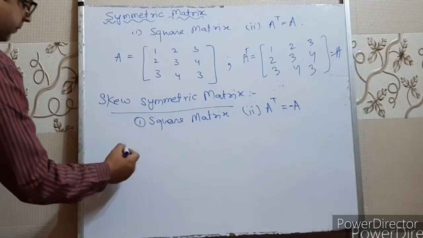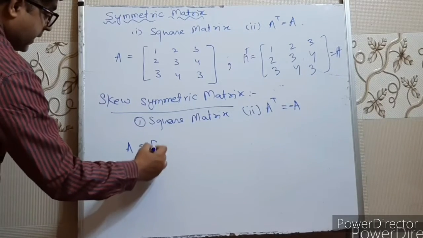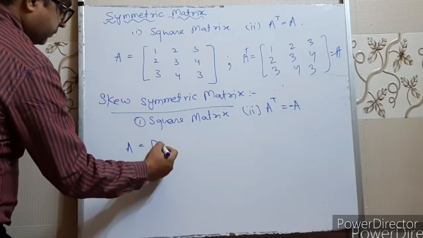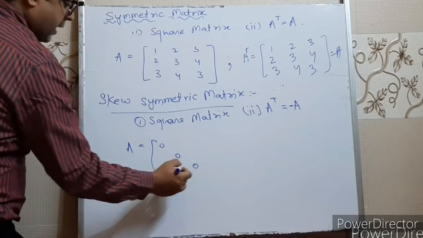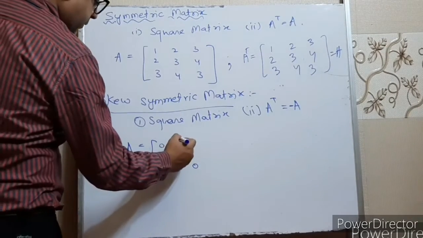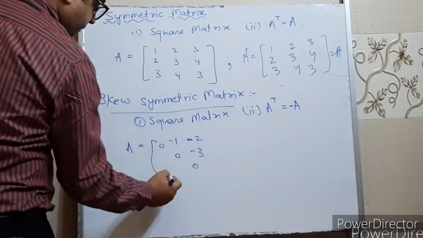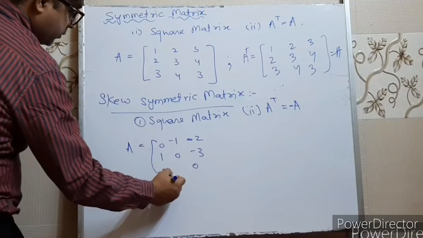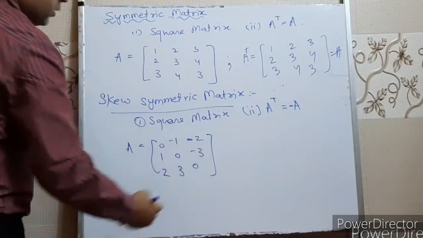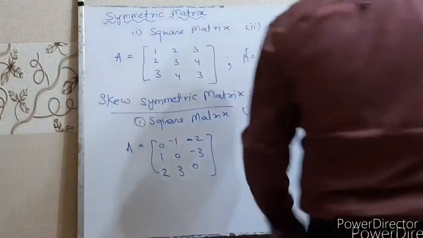Let's see an example. Take any matrix A. I'll take the diagonal elements as 0, 0, 0, which will be easy for us. Then minus 1, minus 2, minus 3, then 1, 2, 3. Now, this is a 3 by 3 order matrix.